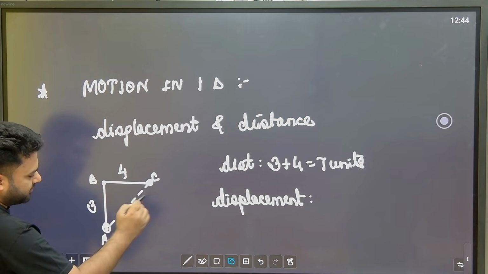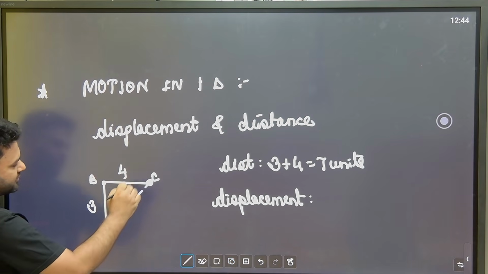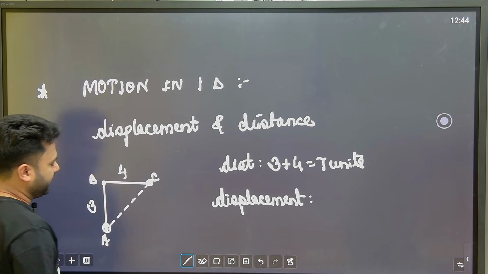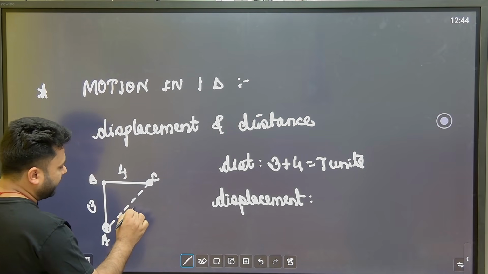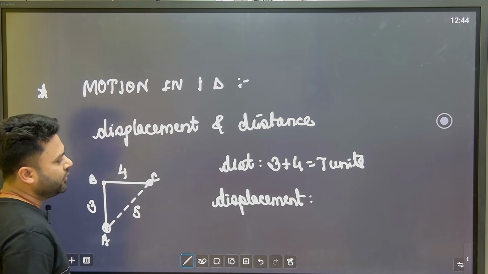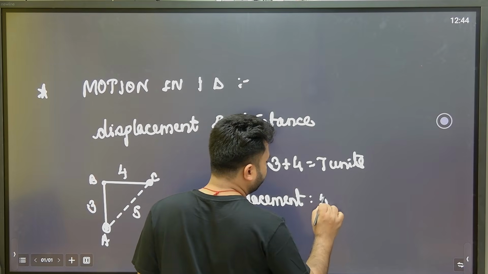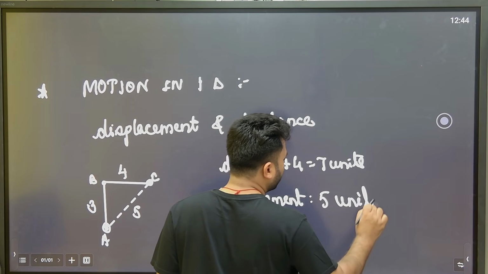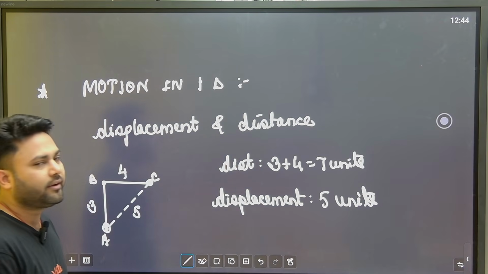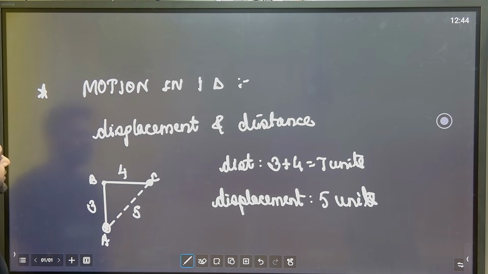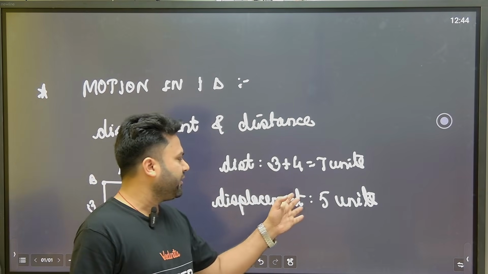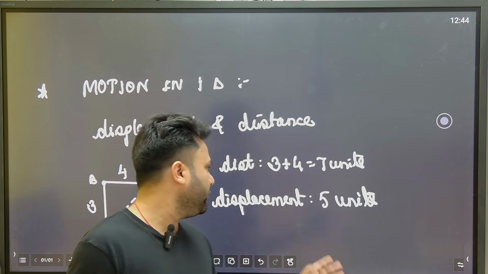This is your displacement. The length of this AC is your displacement. This is 3, this is 4. Definitely you know this will be 5. So in this case, displacement is 5 units. Correct? So the total distance is 7, however the displacement is 5 units.